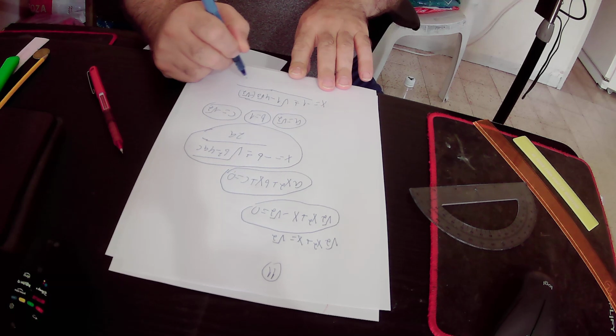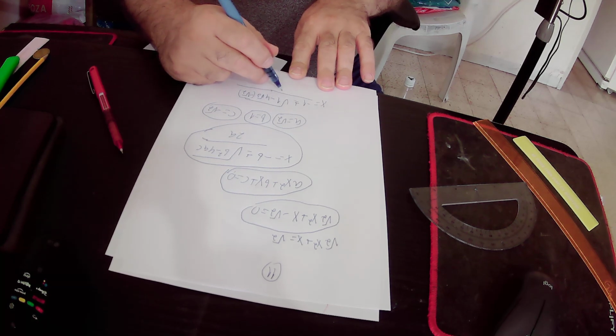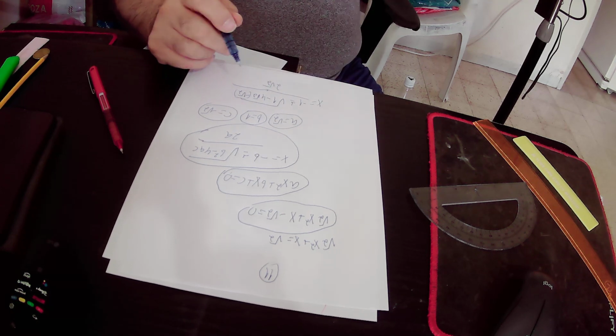All divided by 2a, which is 2 times root 2. Okay?